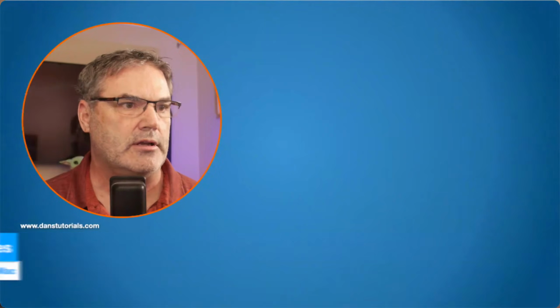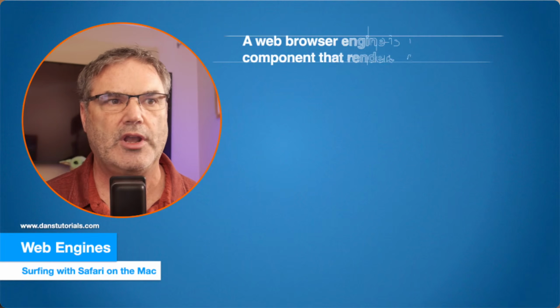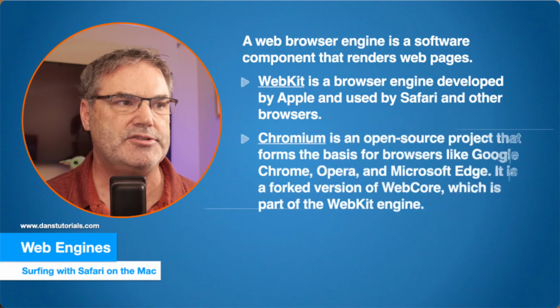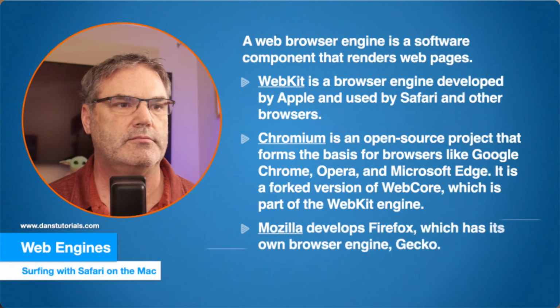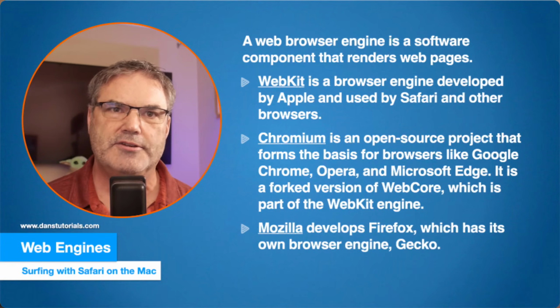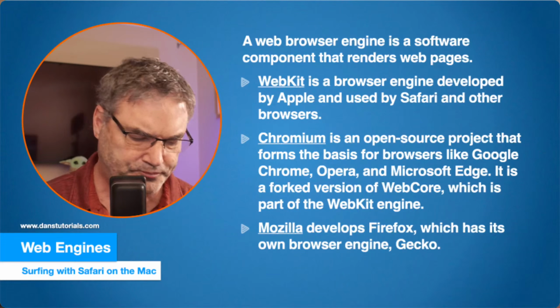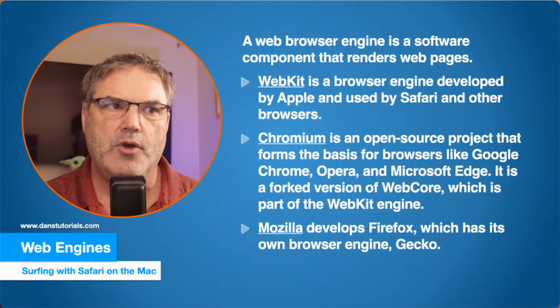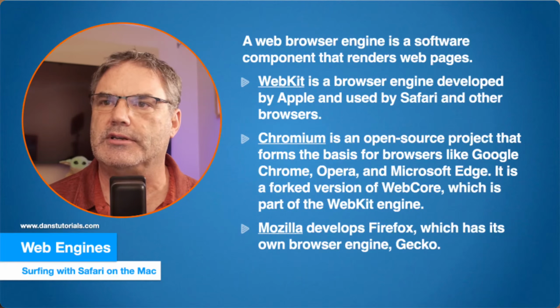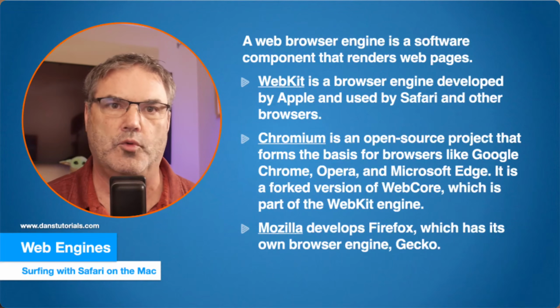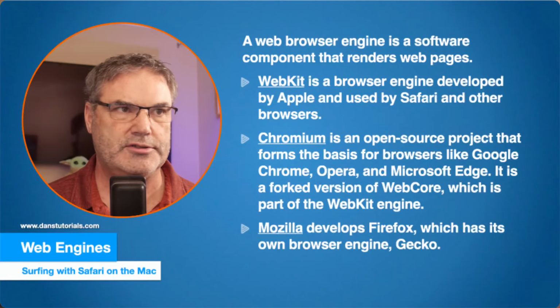So the first thing we're going to look at is web engines. There are basically three big ones. We have WebKit, which is what Safari is based on. This was developed by Apple, and it eventually went open source.